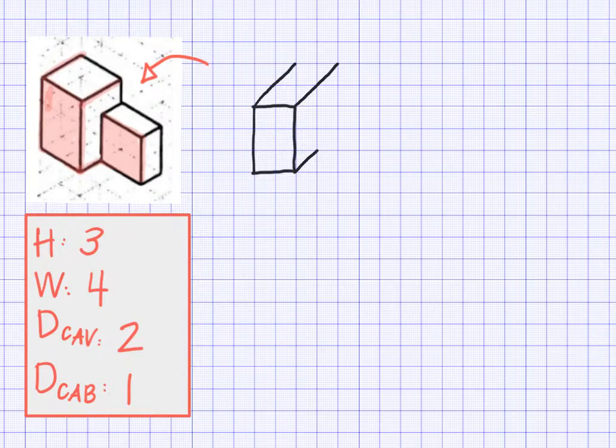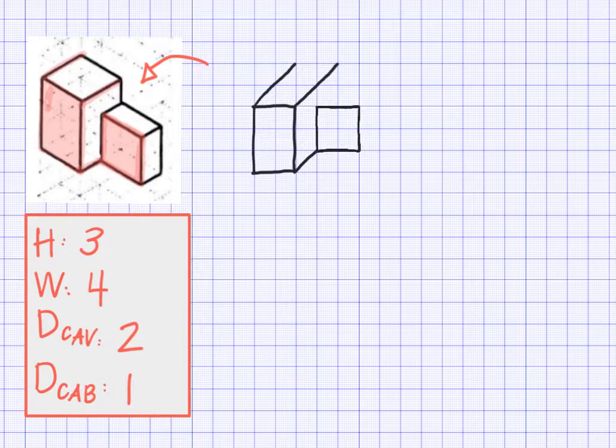Now I'm ready to start making this other shape. Again, this is appearing in its true form. So I'm going up 2, over 2, down 2, and then connecting it back again. So up 2, over 2, down 2, and connecting it at the square.